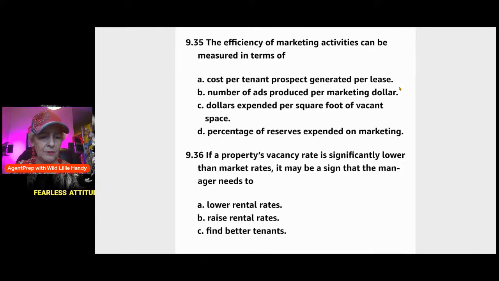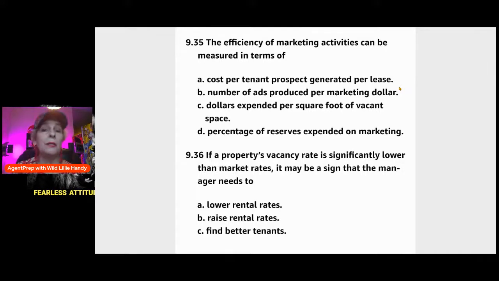So let's see how the answer says. The efficiency of marketing activities can be judged in terms of how many prospects per completed lease they generate. In other words, you're going to generate maybe 10 prospects, but you only actually get 2 leases out of that.